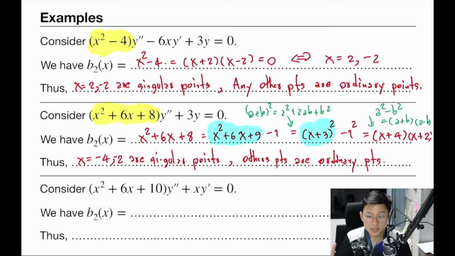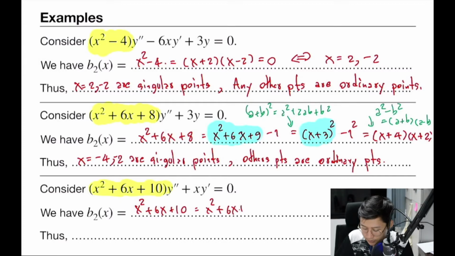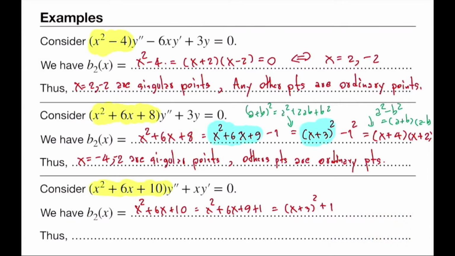Okay, next example, this one here is similar to the previous one, right? It's x squared plus 6x plus 10, which is x squared plus 6x plus 9 plus 1, which is x plus 3 squared plus 1. But guys, x plus 3 squared, this one is squared, right? It's squared, which means that it's always bigger or equal to 0.